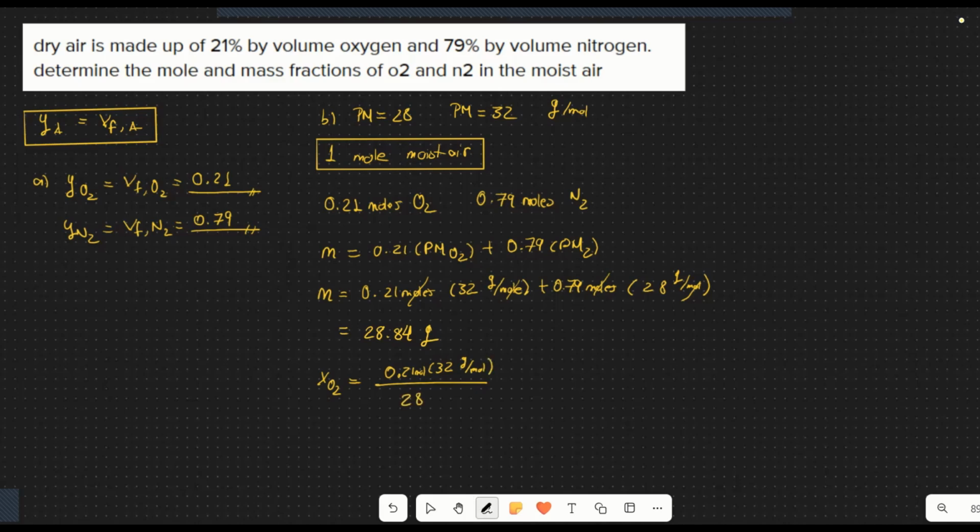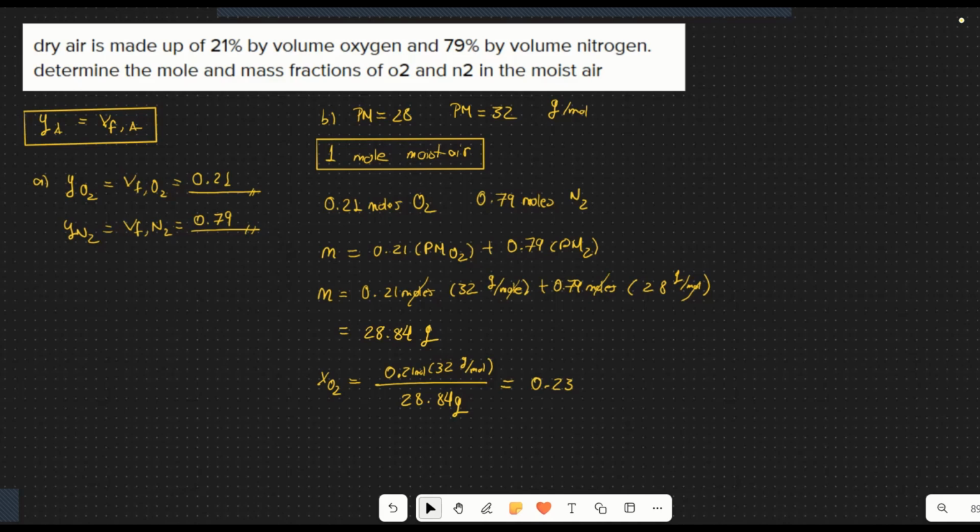And down here, we're going to plug in the mass of moist air. We're left with a mass fraction of 0.21 times 32, which is 6.72, divided by the total mass, which gives us an approximate mass fraction of oxygen of 0.23.